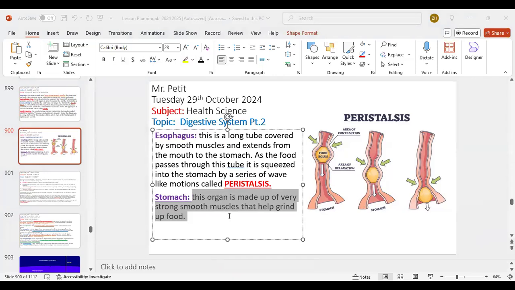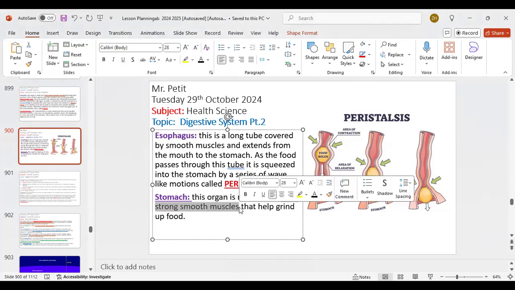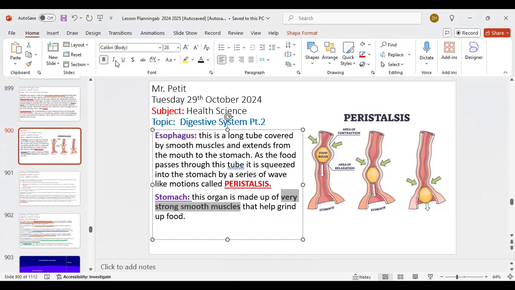Janae Williams, are you there? Can you hear me? You're very low. Can you speak up? What type of muscles is the stomach made up of? Very strong, smooth muscles.